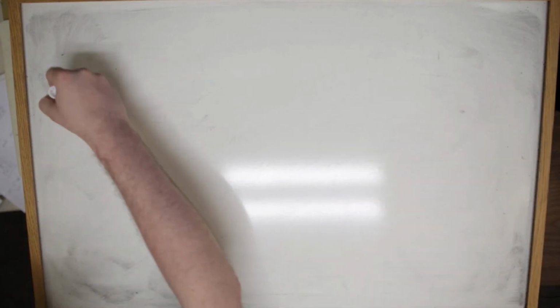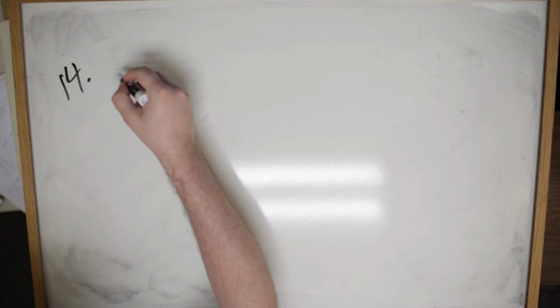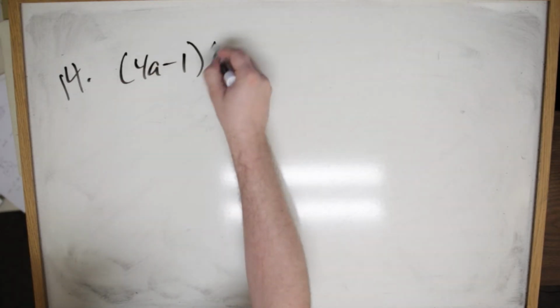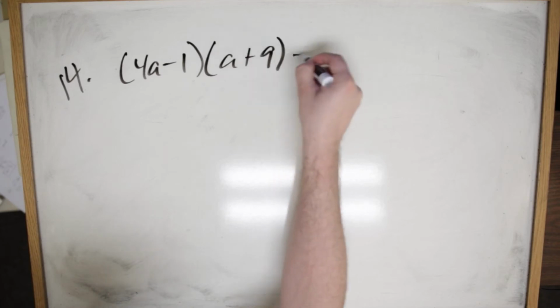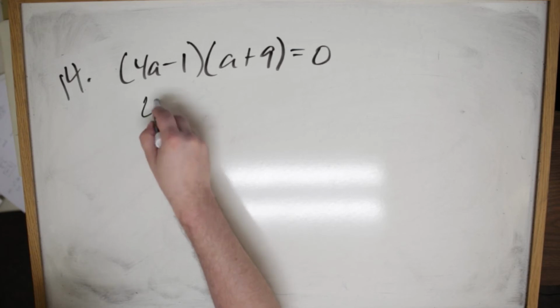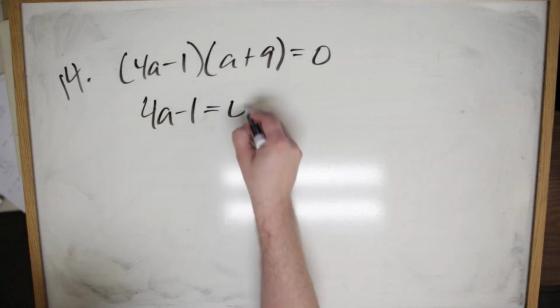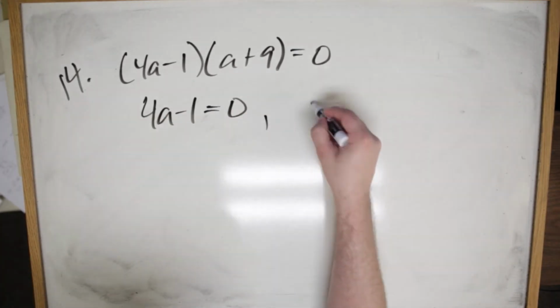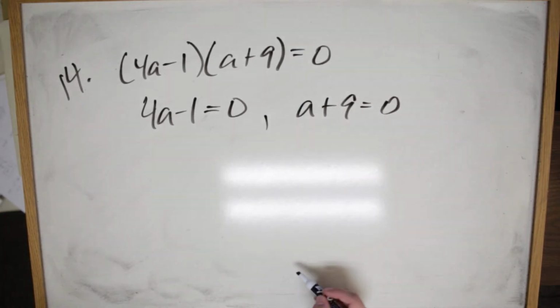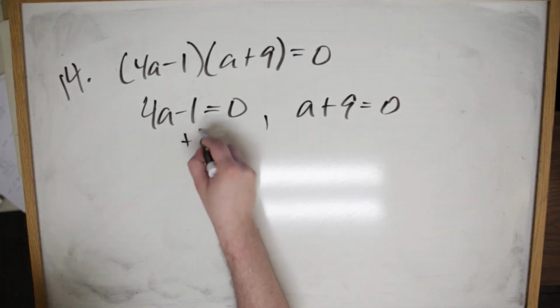Question 14. Here we have 4a minus 1, a plus 9 is equal to 0. So now we need to go about solving this equation. Now the way to do it, again, same idea. 4a minus 1 equals 0, and a plus 9 equals 0. We'll add 1 to both sides here.